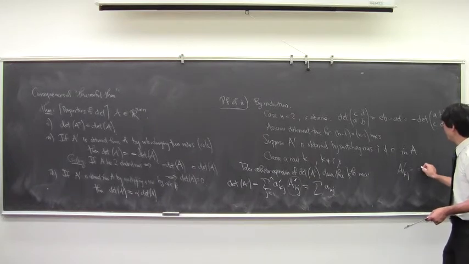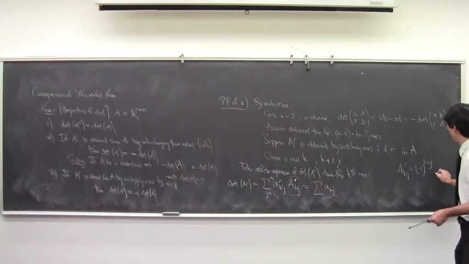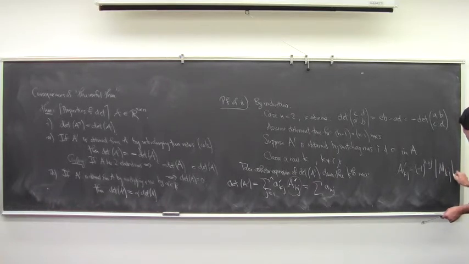Now what about the cofactor? The cofactor of AKJ prime is -1 to the k plus j times the determinant of MKJ prime. Here's the key part. I know you're tired, but this is the last thing you need to see. What's the determinant of MKJ prime? Remember, we got A prime by switching the I and R rows, and now we're going down the kth row, which is not the ith or the rth.